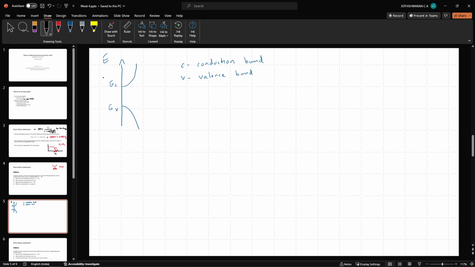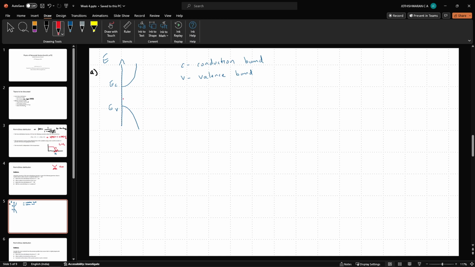So this is problem A. Now we want to find out how the Fermi distribution function will look for this system. This is our energy axis, so our curve will be plotted in this direction. This is the increasing axis of energy.